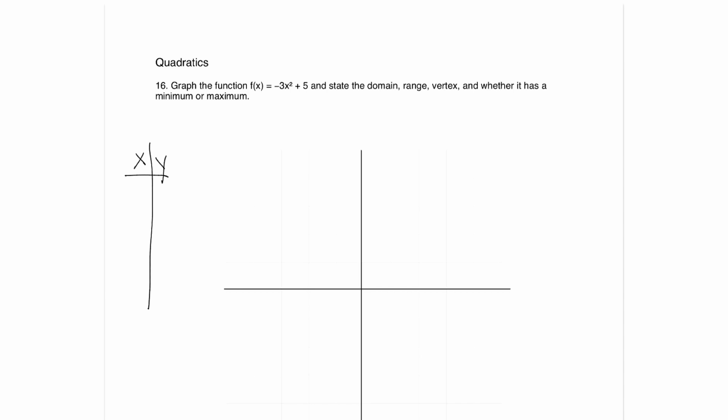I always start with the vertex. The vertex can be found at negative b over 2a. Since we don't have a b value here, in other words, there is no plain x value, it's going to be 0 over 2 times negative 3, which is just 0.